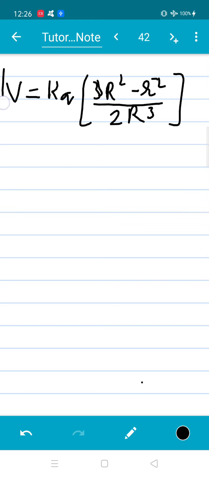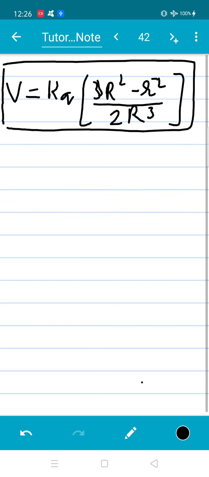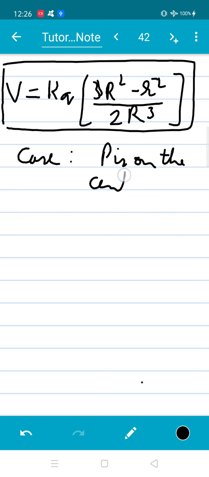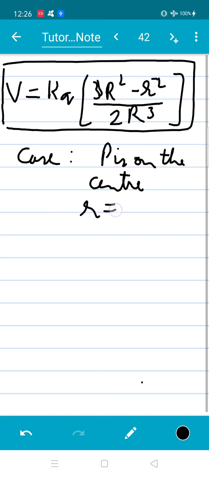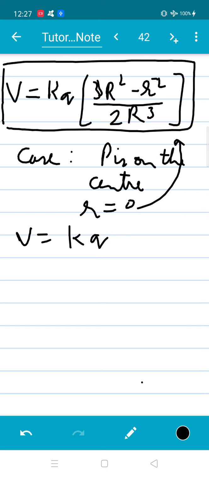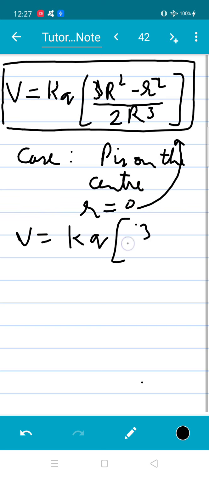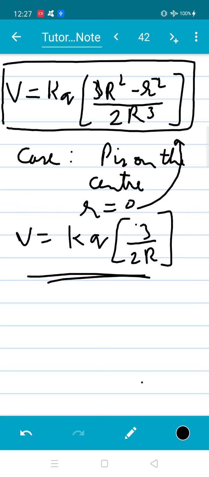So this will be our expression for the third case. Now we can apply a special case in this, when point P is at the center, that is r equals 0, and we put this in this expression, we will get V equals 3kq by 2R. So this is the case when point P is at the center.